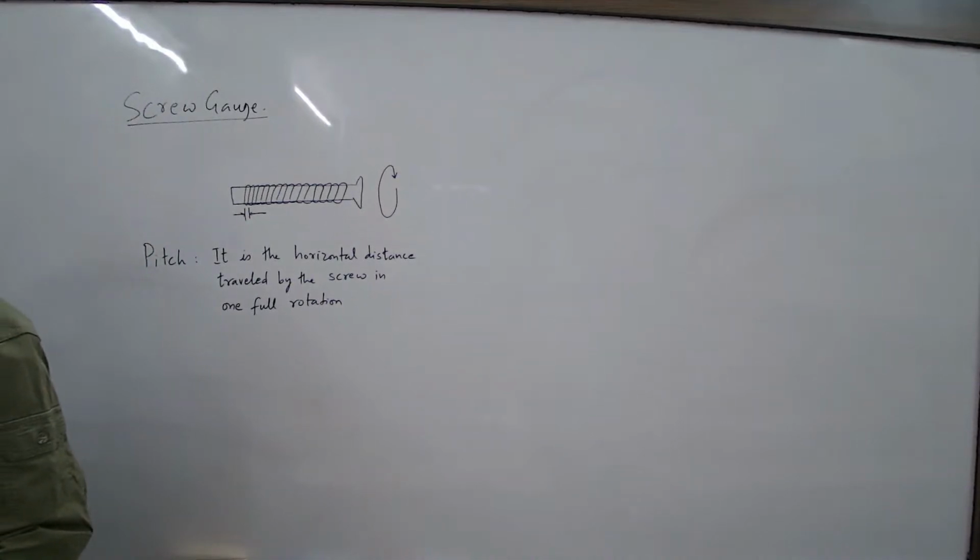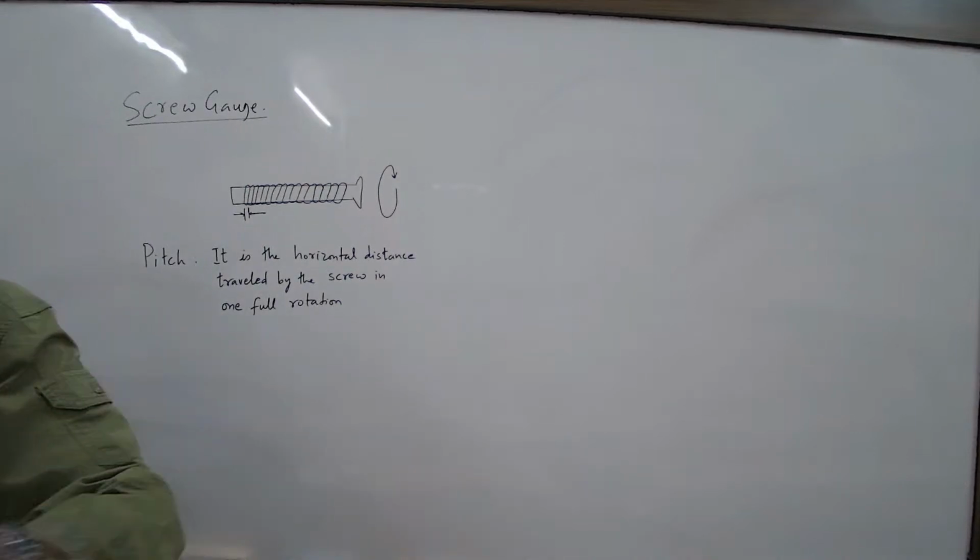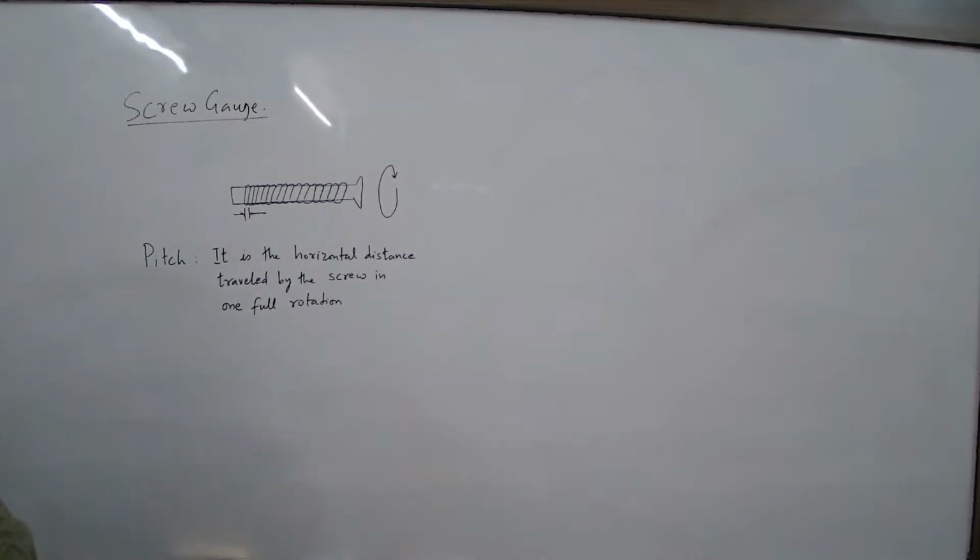scale. Okay? This is also main scale only. So you have what is the observed reading? Okay. So this horizontal scale is same like your vernier main scale. And then the other scale is the circular scale on the screw gauge.